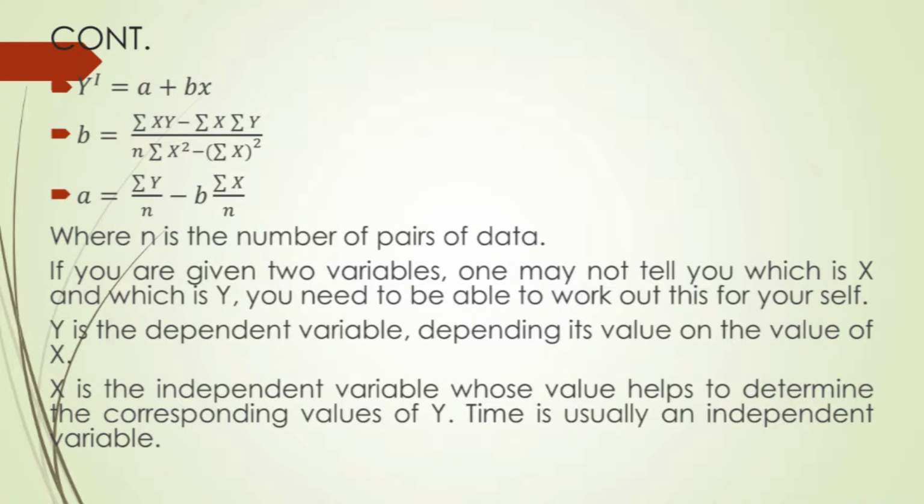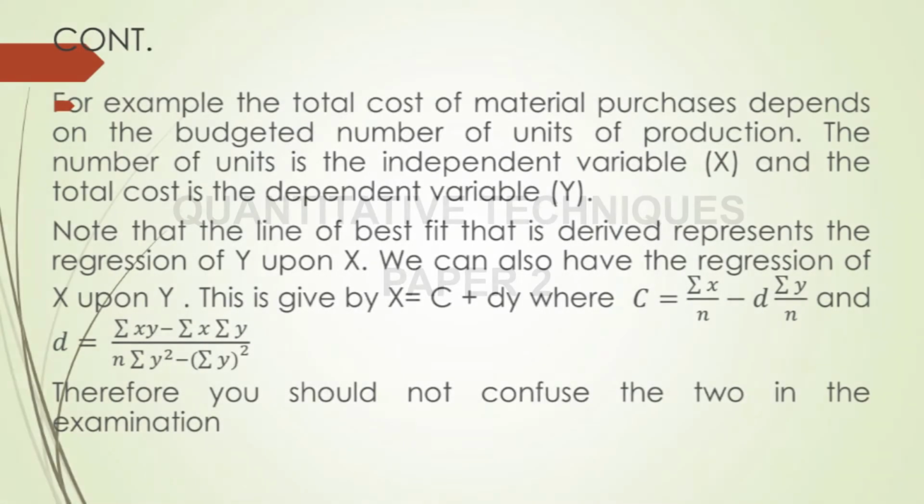Some of these equations are given in the question, so you find them at the back of the question paper. You need to learn how to use these equations. Here a represents the fixed component, then we have the variable factor component represented by b.